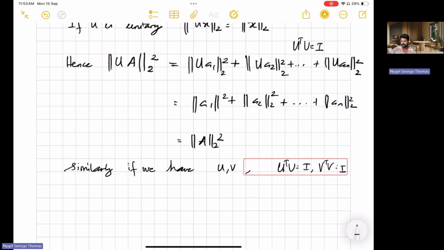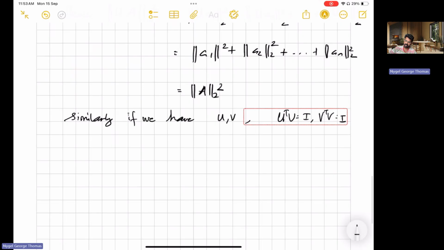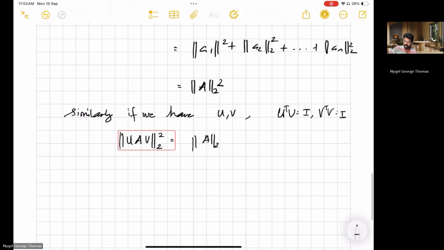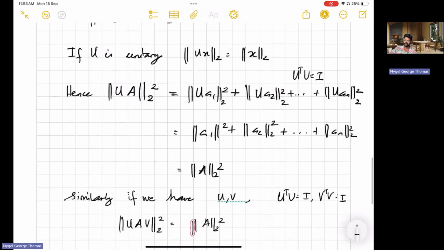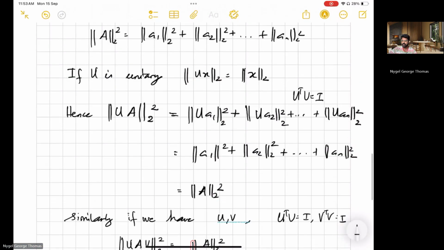I don't think so. In that case, the L2 norm of UAV will be the same as the L2 norm of A, if both are unitary. Okay. So we've looked at two norms, which are vector norms.